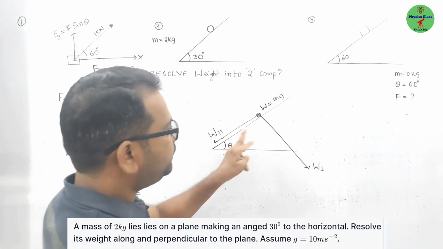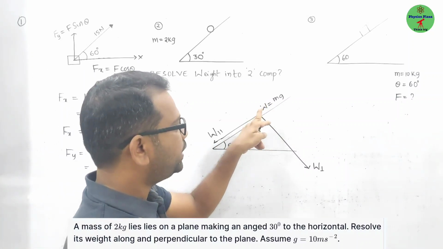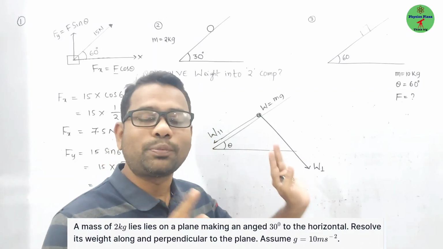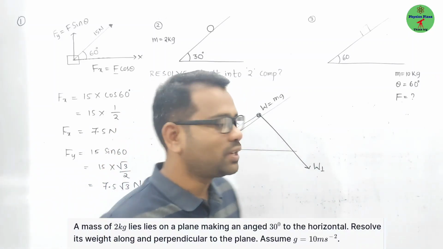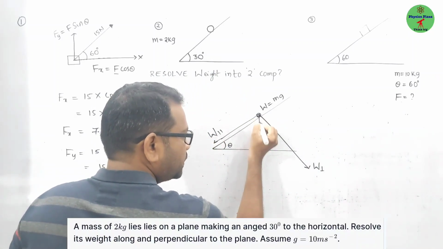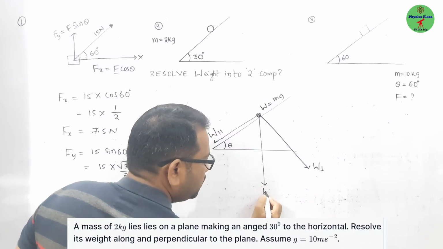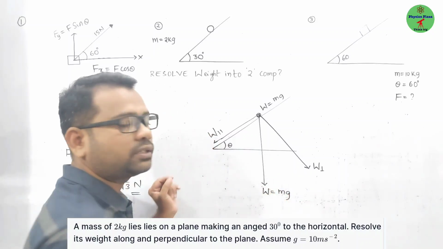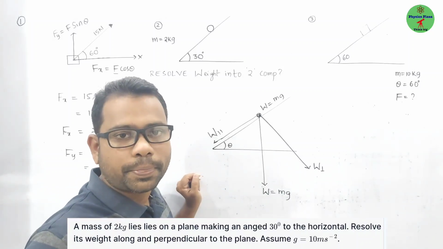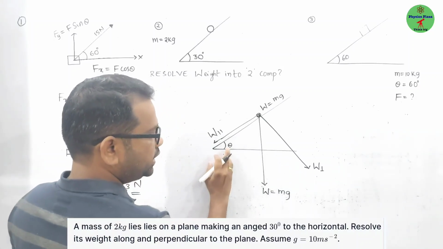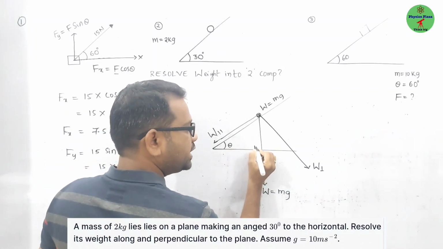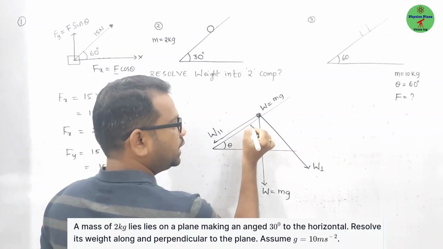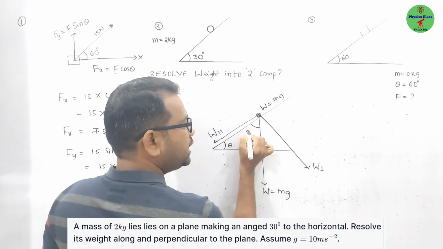Now if its mass is m, the weight is going to be mg, no doubt about it, and the weight of any object acts vertically downwards. So this is W equals mg. Actually the weight of the body always acts vertically downwards. Now look here, children. Here is theta. This is 90 degrees, and this is going to be 90 minus theta.